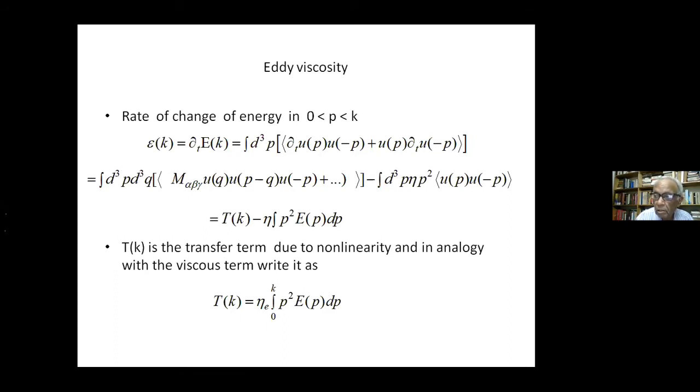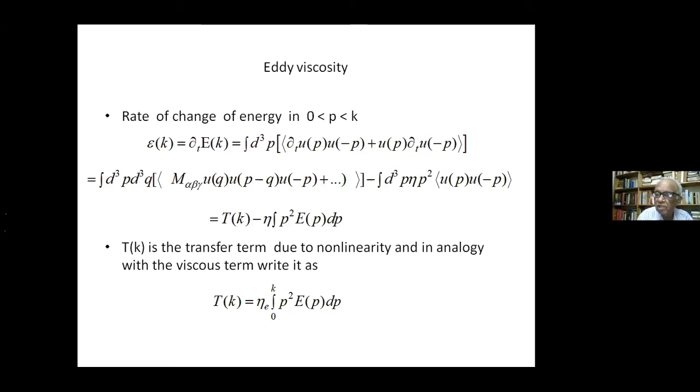Yeah, please go on. So the capital E of K is the amount of energy contained in the region between 0 and K, and that is changing because there is a flux over there.